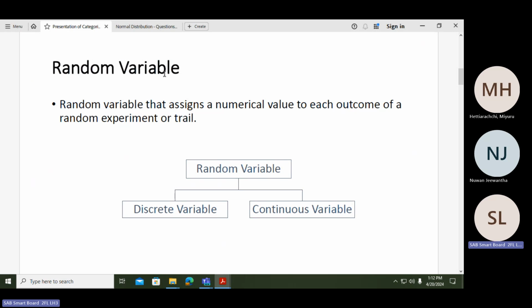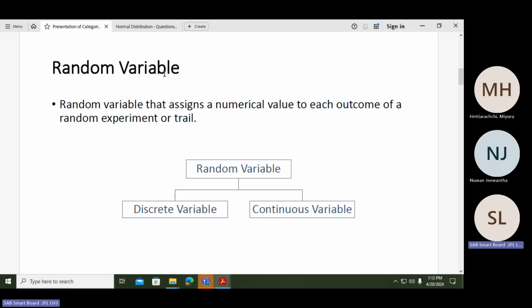A random experiment is one kind of experiment. Then you do the experiment, then we identify possible outcomes. In the random experiment, we know all the possible outcomes, but we do not know which outcome we will get. That we call a random experiment.